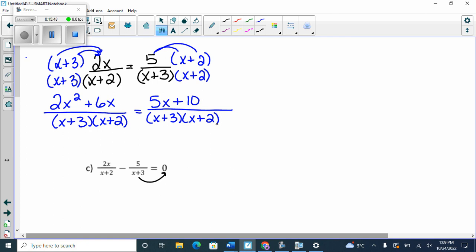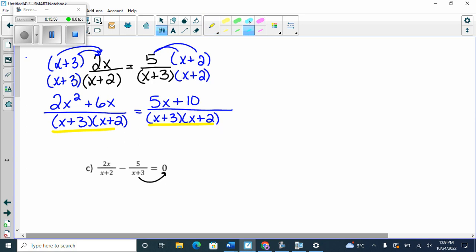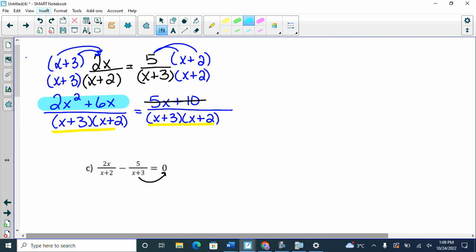So now once again, I have denominator equals denominator, so I can set my numerator equal to my numerator.